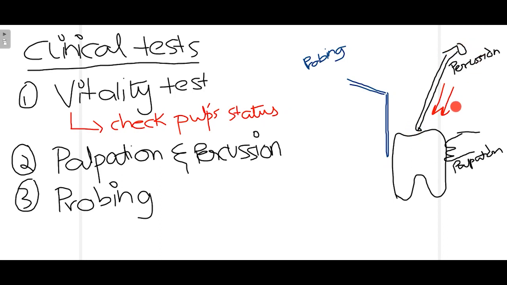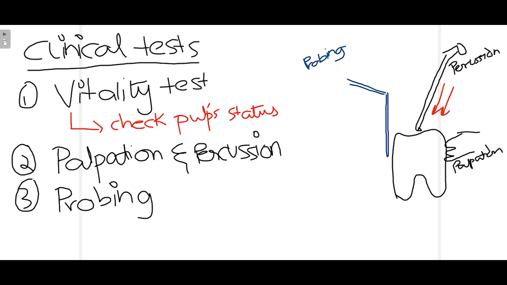This is a dental mirror, and the end of the dental mirror is used like this to percuss the tooth. If tenderness is elicited, it is known as positive tenderness to percussion, which means there is some sort of inflammation in the periodontium. This is not a very sensitive test, but it is used by some dental surgeons to indicate some inflammation in the tooth.